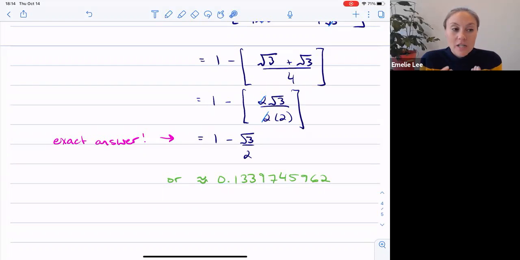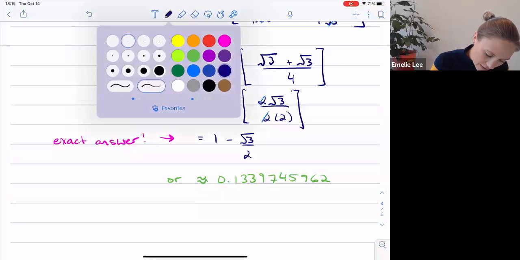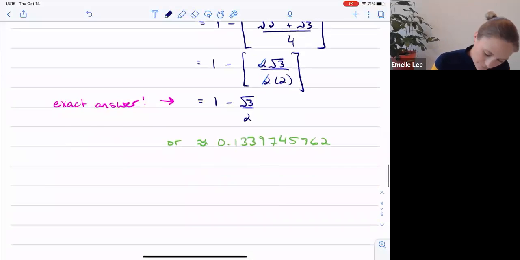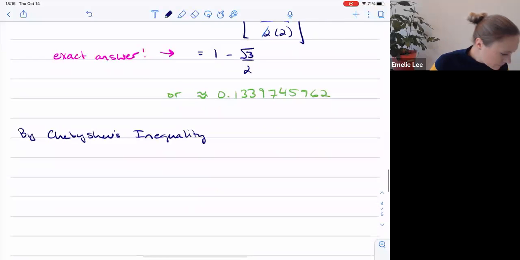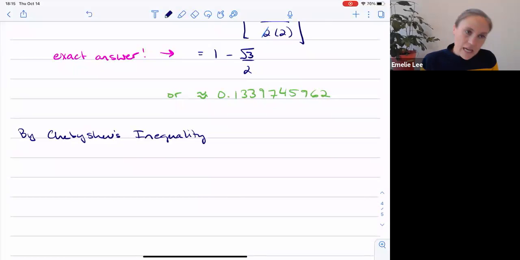So that's our exact probability, right? And so now what I want to do is I want to compare it to what would I get if I just use the upper bound, right? To figure out, okay, it's going to be no more than this value. Okay? And so by Chebyshev's inequality, this probability has an upper bound of 1 over k squared, right?